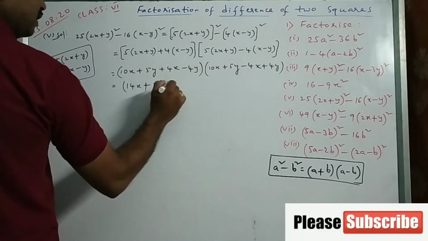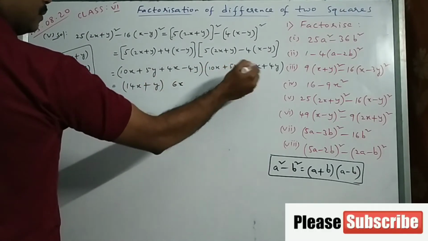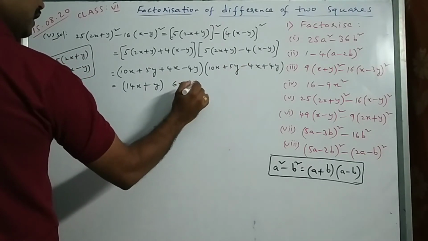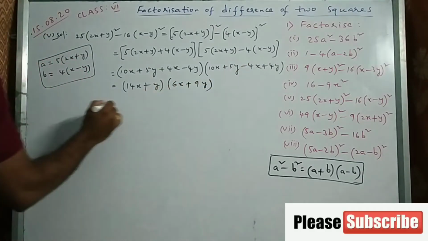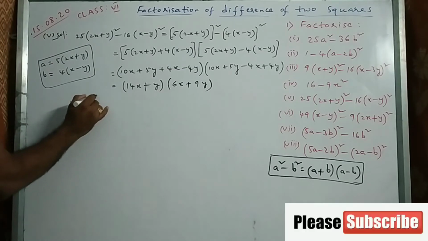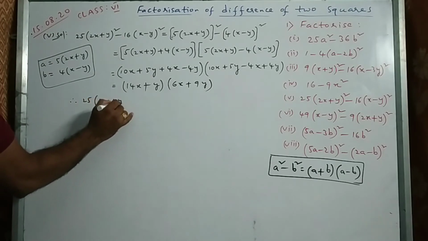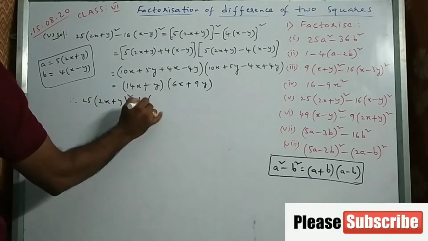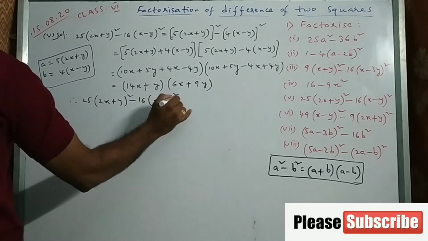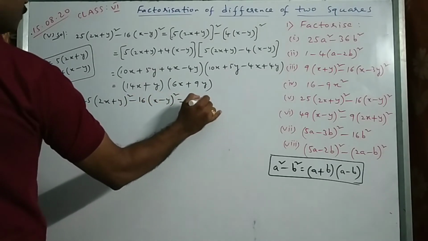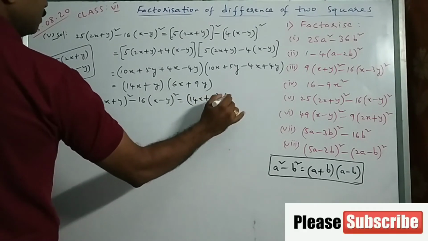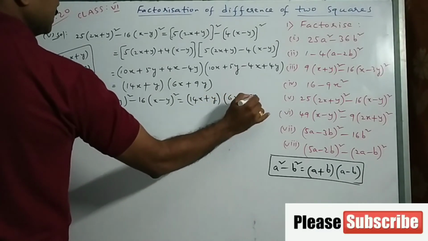So 10x minus 4x, 6x, 5y plus 4y, 9y. So therefore 25 into (2x plus y) whole square minus 16 into (x minus y) whole square equals (14x plus y) into (6x plus 9y).